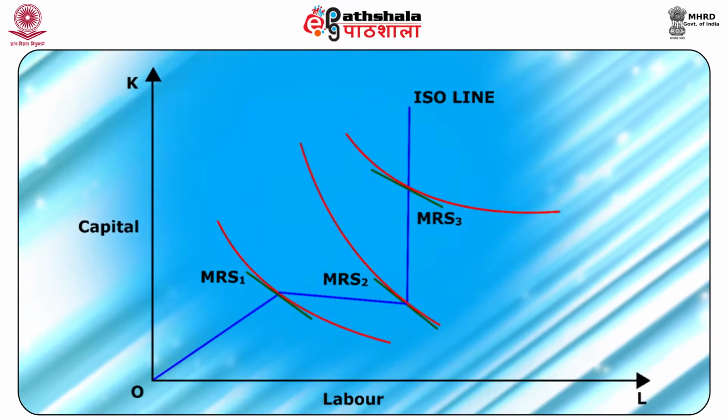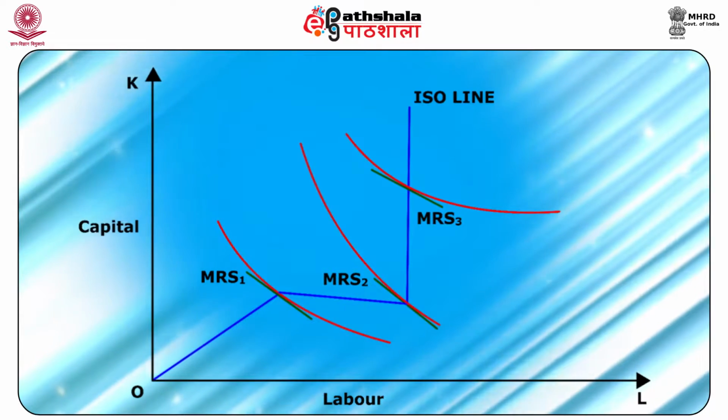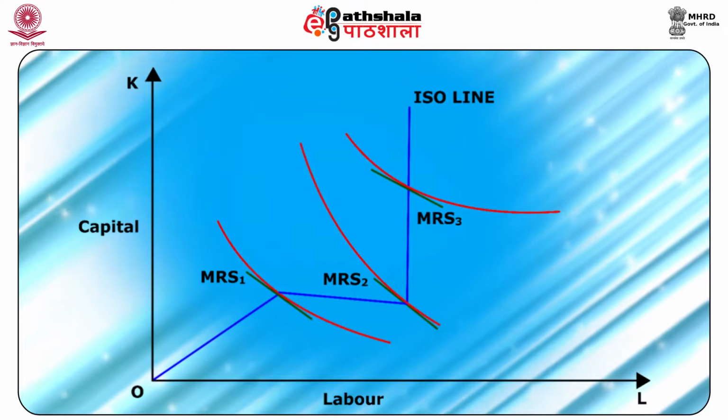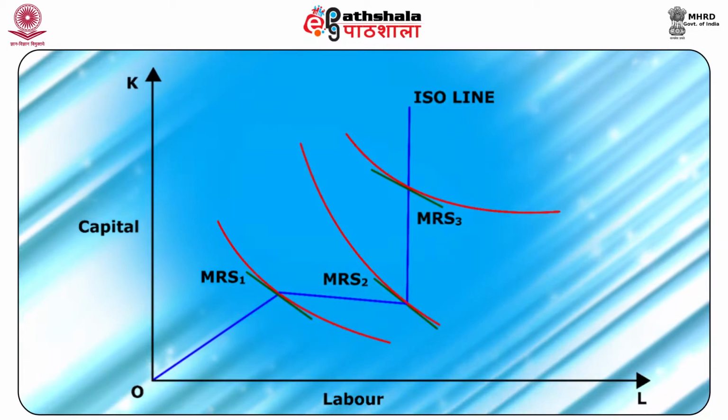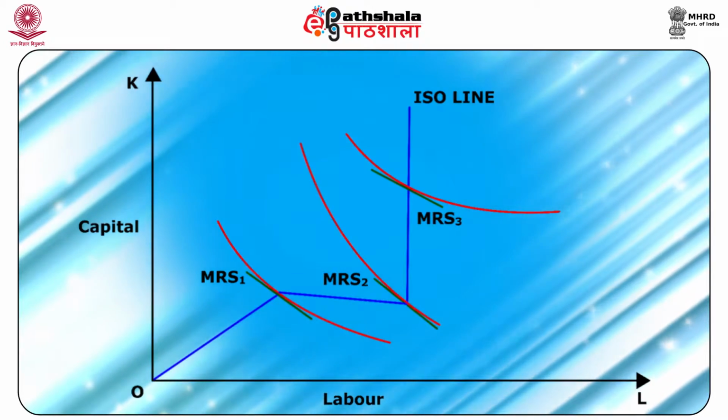In the next figure, we have depicted an isocline which is based on the family of isoquants which are non-homogeneous. In this case, the point at which the product line touches the respective isoquant should have the same MRS. However, because the isoquants are non-homogeneous, the same MRS is not achieved along the same straight line arising from the origin.